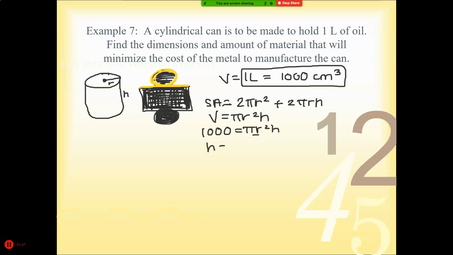So h is equal to 1,000 over pi r squared. Then I'm going to take that h and replace it in surface area, so it becomes 2 pi r squared plus 2 pi r times 1,000 over pi r squared.